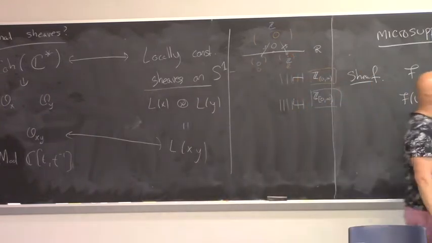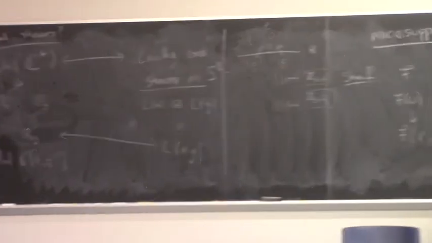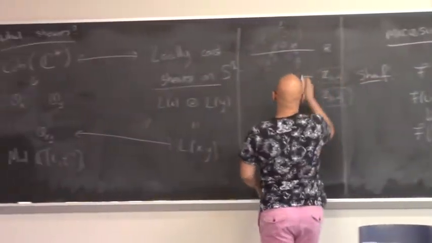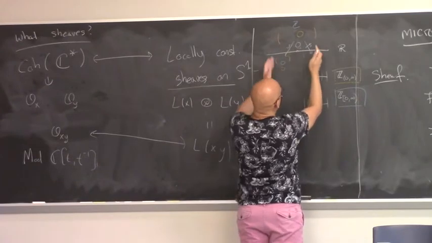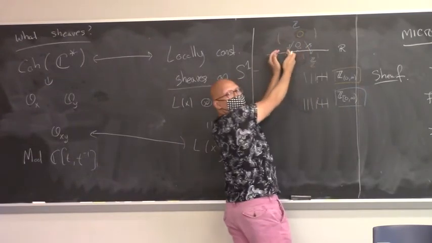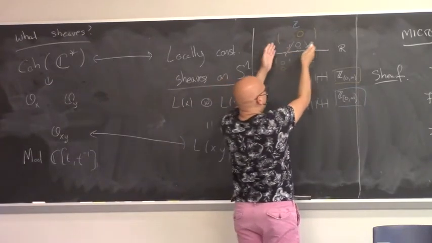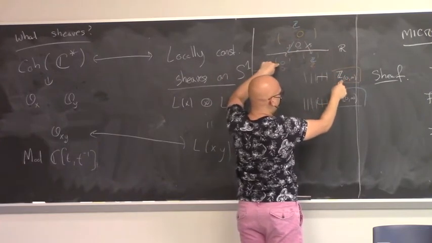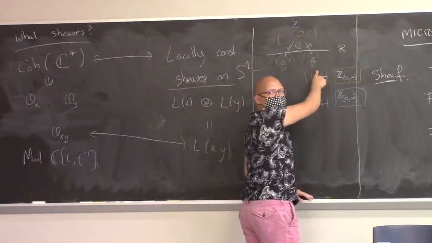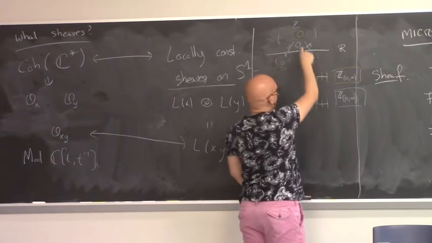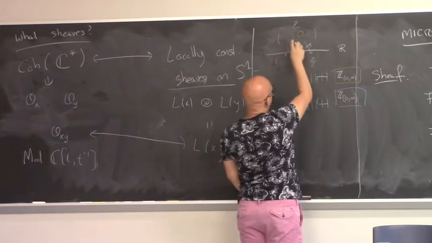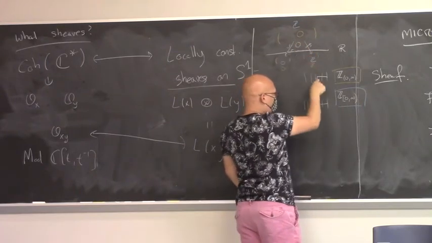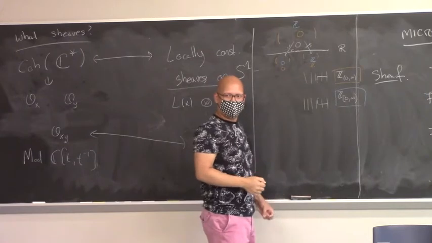So when I took the positive covector here, I compare this whole one to this side, and here that is an isomorphism, so the positive covector is not included. But when I take a negative covector, then I compare this thing to this stuff, and that's not an isomorphism, so the negative covector is included.